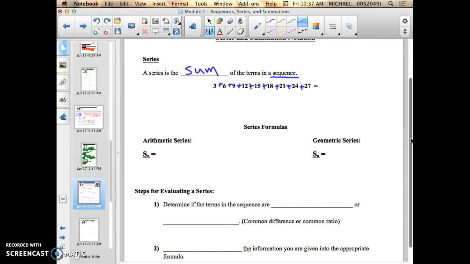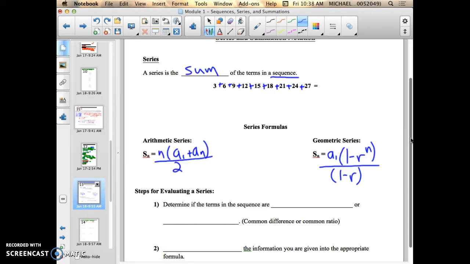The arithmetic formula is S of n, meaning the sum of any given number of terms in the sequence, is n times a of 1 plus a of n, all over 2. And geometric is a of 1 times 1 minus r to the n, all over parenthesis 1 minus r.